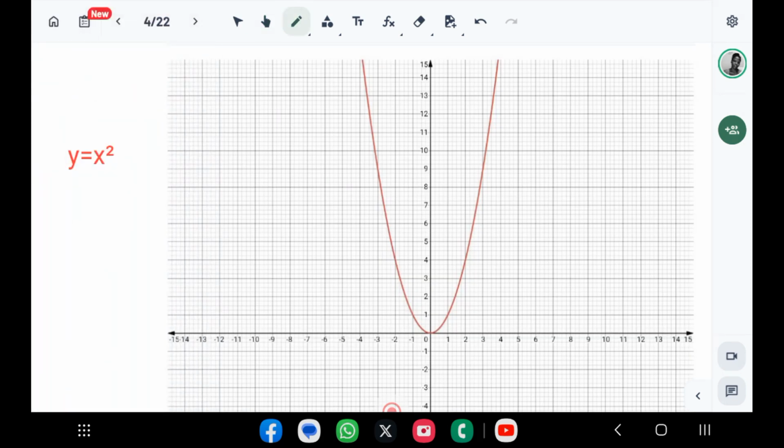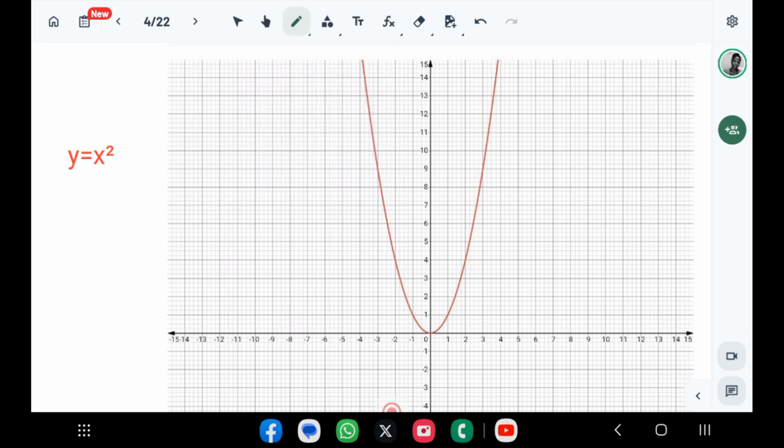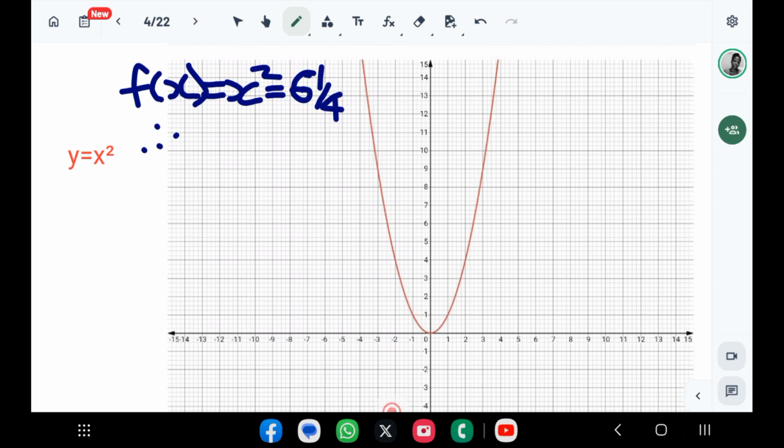So f of x, which is x², x² equals 6¼. Take out a calculator and you go 6 times 4 plus 1 equals, that will give you 25. So that's 25 over 4.